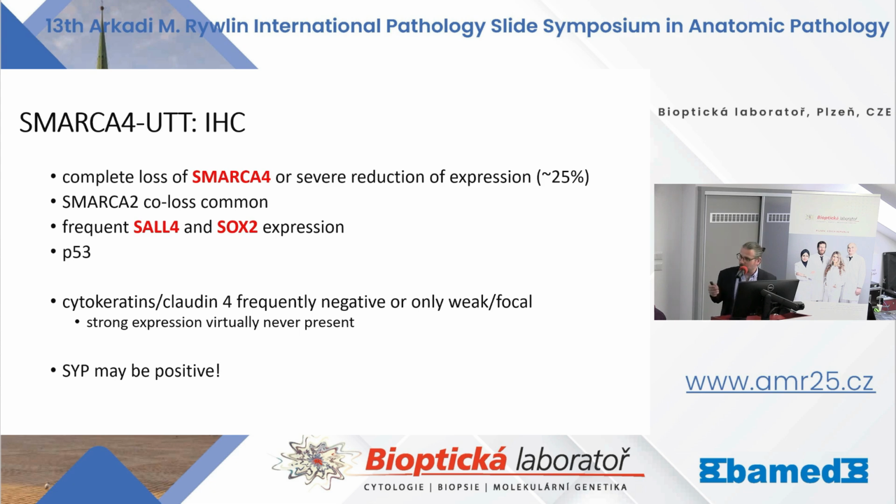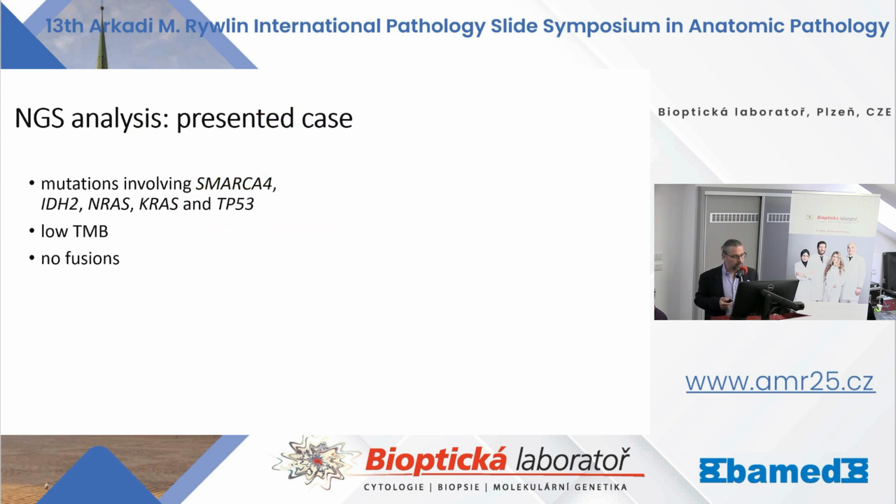Importantly, synaptophysin staining may be positive, so this is a pitfall because you can confuse it with, let's say, large cell neuroendocrine carcinoma. We also performed NGS analysis in the case, in addition to having the SMARCA4 mutation. In this case, we showed IDH2, NRAS, KRAS and TP53 mutations.